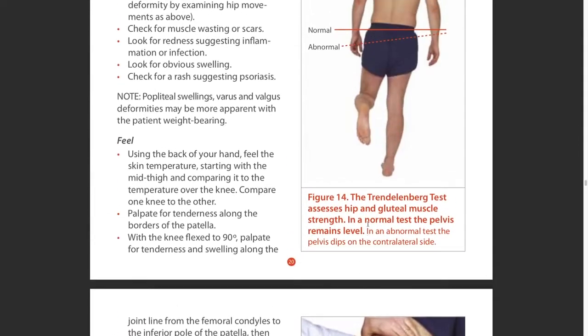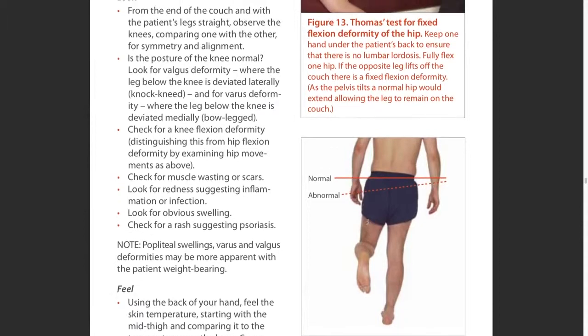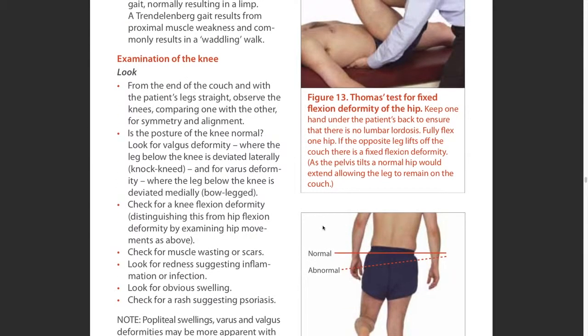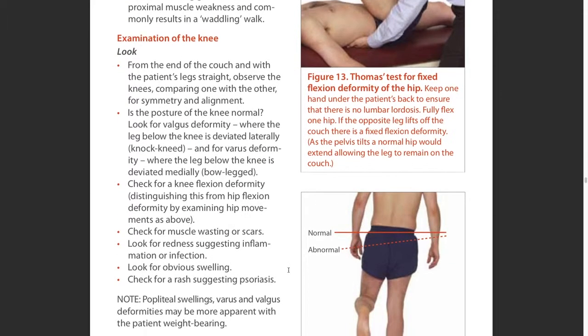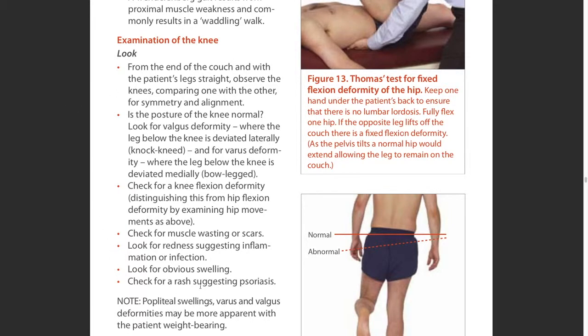I'm going to try to summarize it again more simply. So first, this is an exception in all the REMS. You do look, feel, move, function tests. In this case, it's more intuitive to do function tests first. So ask them to walk from where you are to a distance away, turn back and walk back.